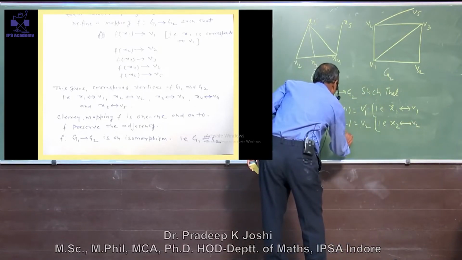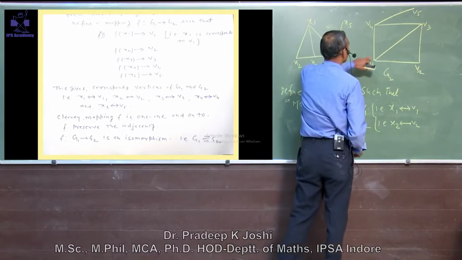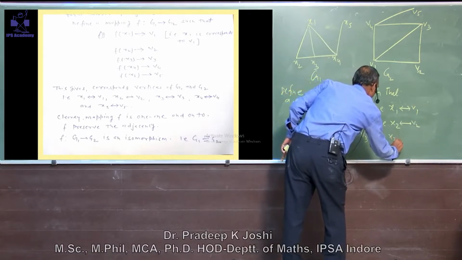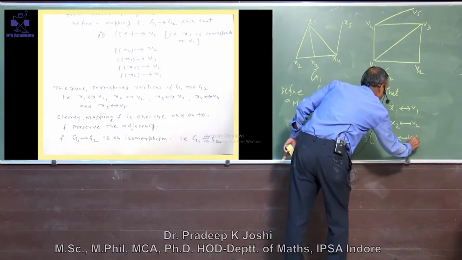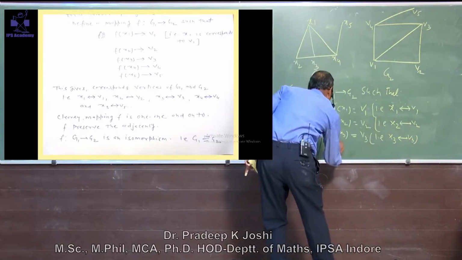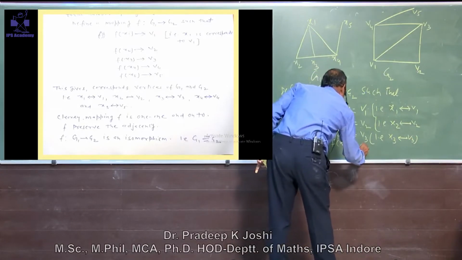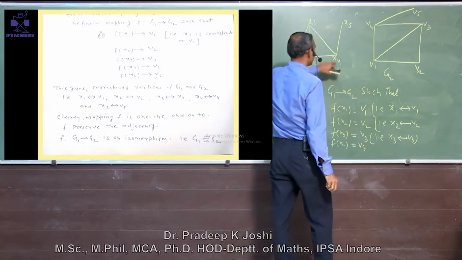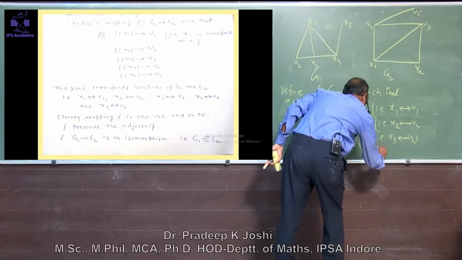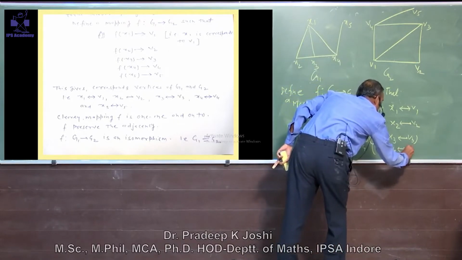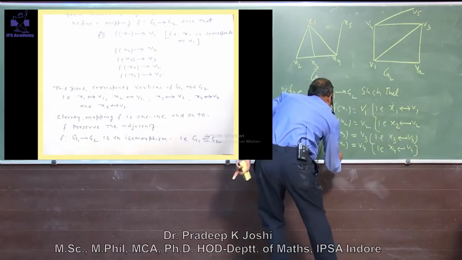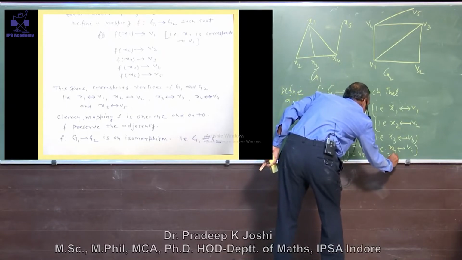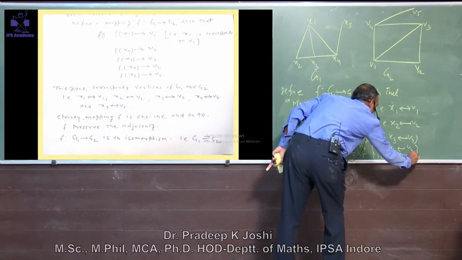Similarly f of x3 equals v3, that is x3 corresponds to v3, and f of x4 has its image v4, that is x4 corresponds to v4, and f of x5 equals v5, that is x5 corresponds to v5.